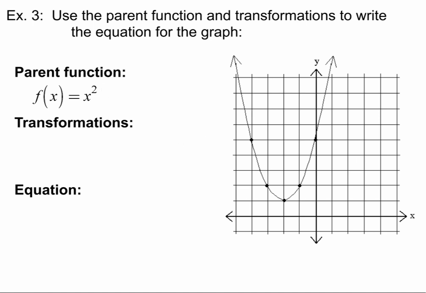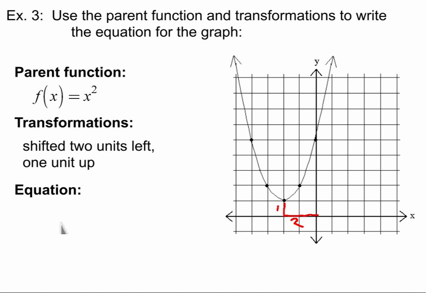For the transformations, it hasn't been flipped, so I don't need to put any negatives. It hasn't been stretched, so I don't need to have a leading coefficient. It has been moved 2 spaces to the left, and it has been moved 1 space up. So our transformations are shifting it 2 units to the left and 1 unit up.